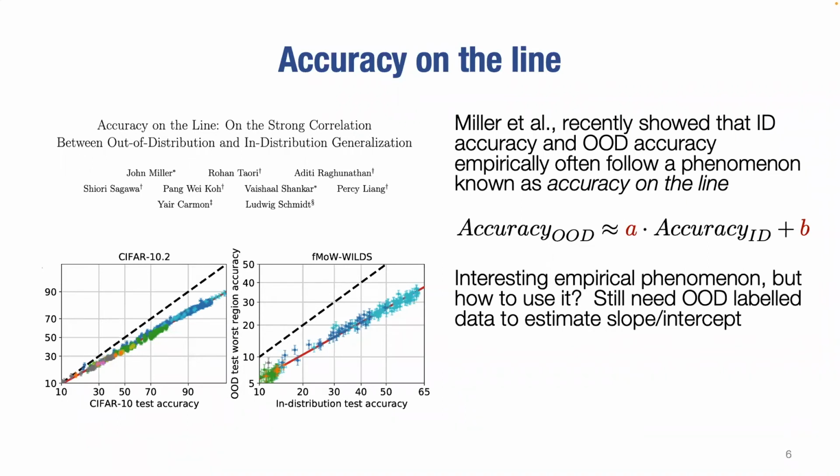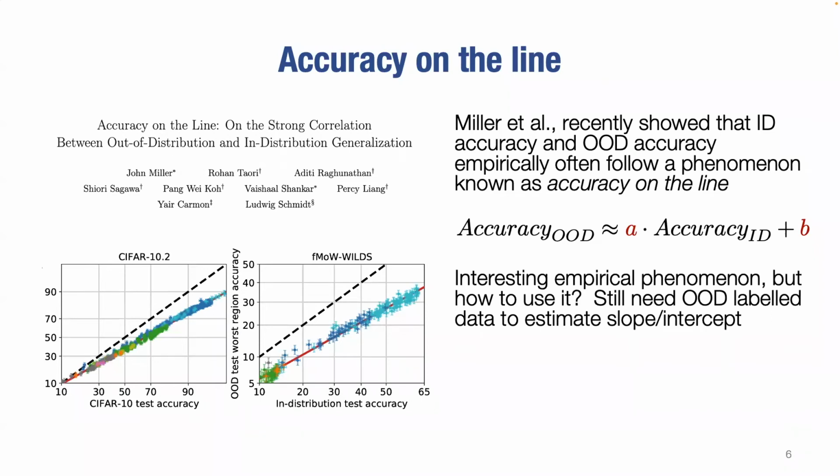Okay, so the problem here is that to evaluate this line, you still need labeled data, right? To make this plot, you're plotting in distribution test accuracy and out of distribution test accuracy. And there's just no way to actually get that in many cases, right?